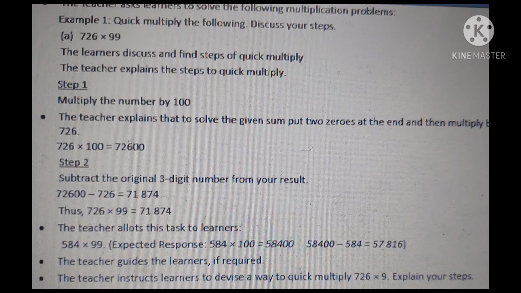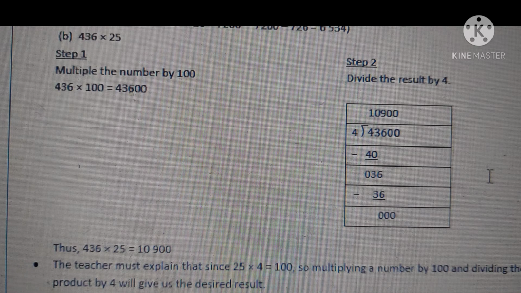Okay, now next the teacher discusses a sum, that is 436 multiplied by 25. How do we do that? By quick multiplication. Step 1, multiply the number by 100. So 436 multiplied by 100 gives us 43600, and then we divide the result by 4, as you can see on the screen.